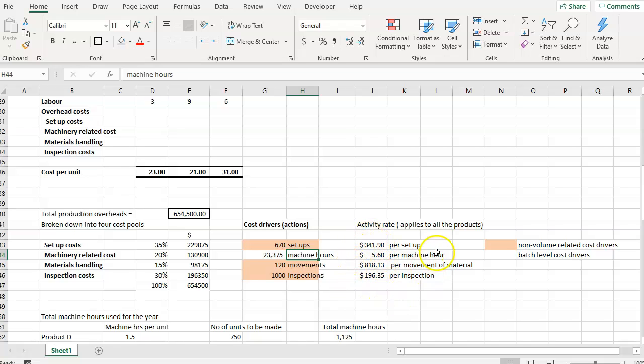These rates relate to all the products because when we were working out the cost drivers, we used the combined cost drivers for the products. Let's look at what I'm talking about.